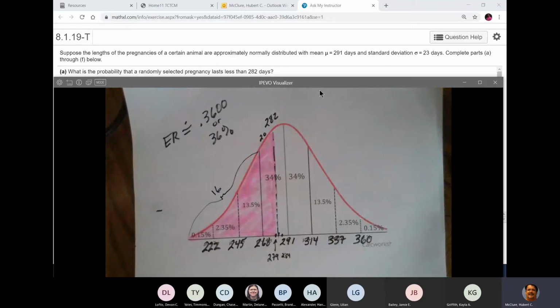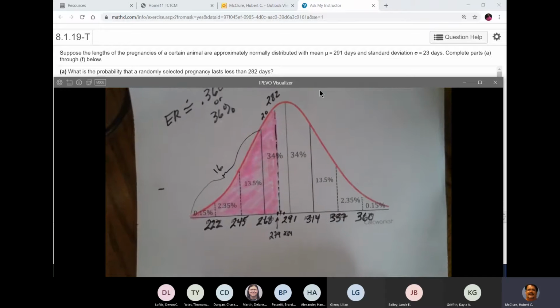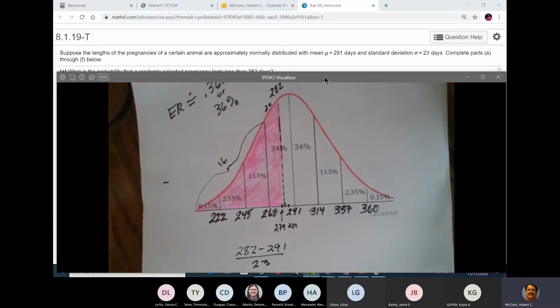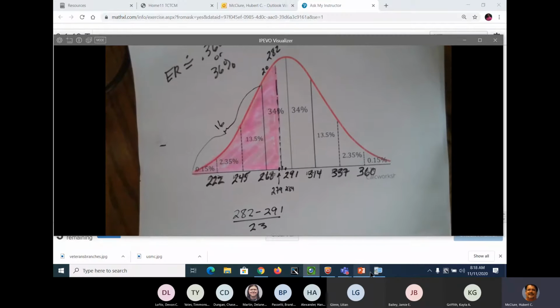So let's take, you got an older calculator. We're going to change that 282 to a z-score. Minus 291 divided by 23. And I'll do that because I'm not going to get any help from y'all, so I'll do it.